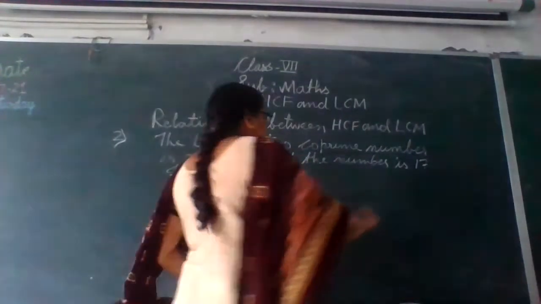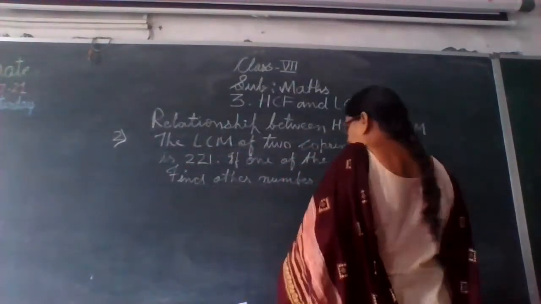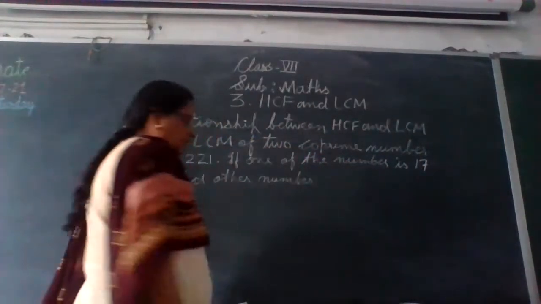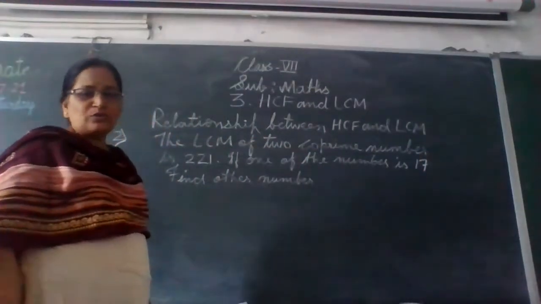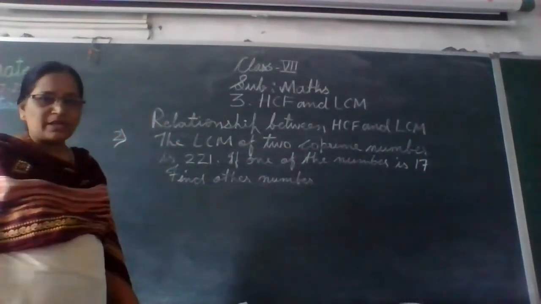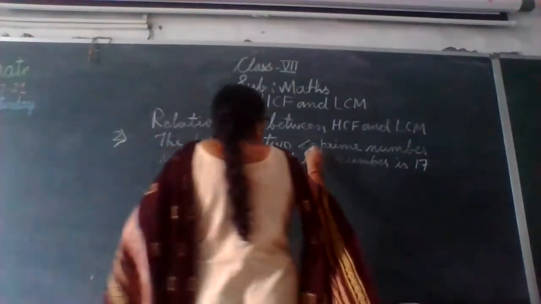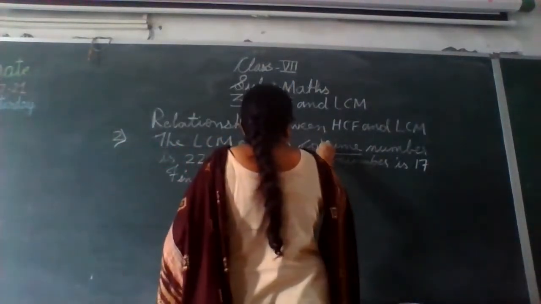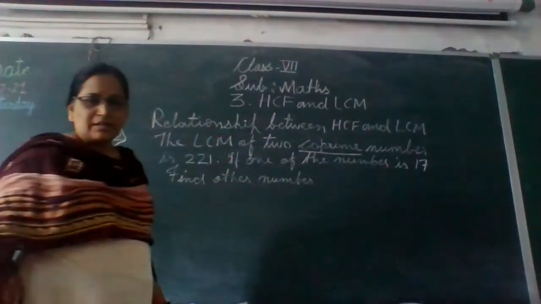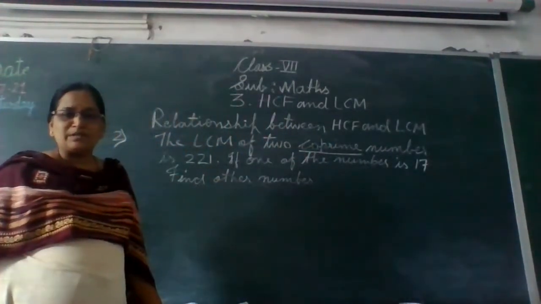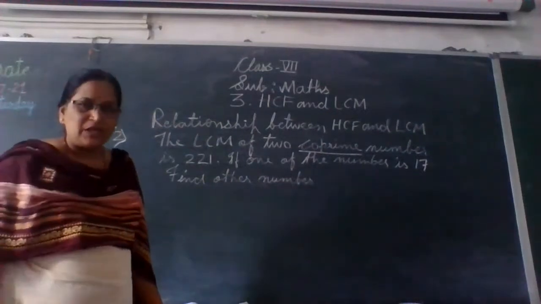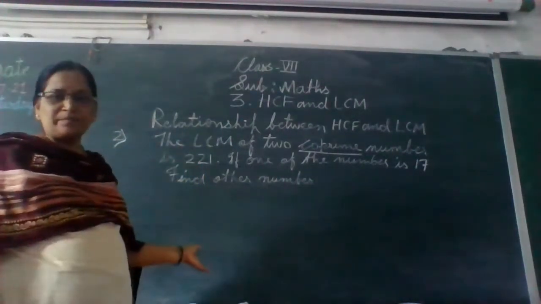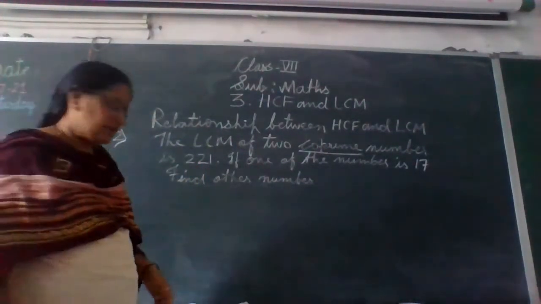It is 17. You have to find the other number, but you don't know the HCF. Now see, one important thing is given. The numbers are co-prime, and you already learned the HCF of co-prime numbers is 1. So apply the relationship and find the other number.